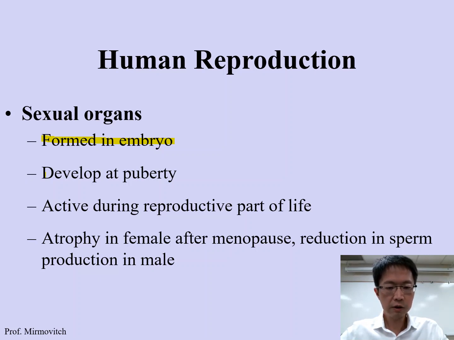So yes, we develop at puberty. Women get their menarche, or the first menses, during puberty. I heard that now the first menarche is roughly around 10 years old in the US, but I heard that there are more and more cases of girls getting their first menarche under the age of 10.